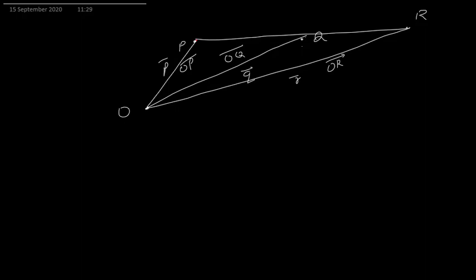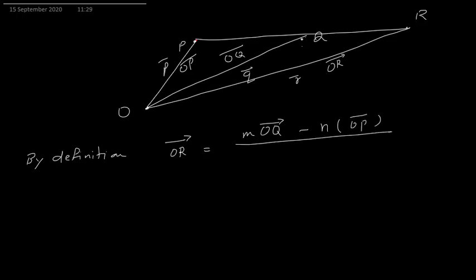So, by definition, your OR bar is equal to m times OQ bar minus n times OP bar, divided by m minus n, where m and n are the ratios in which it is dividing. So, the ratio m:n is given as 2:1, external division.